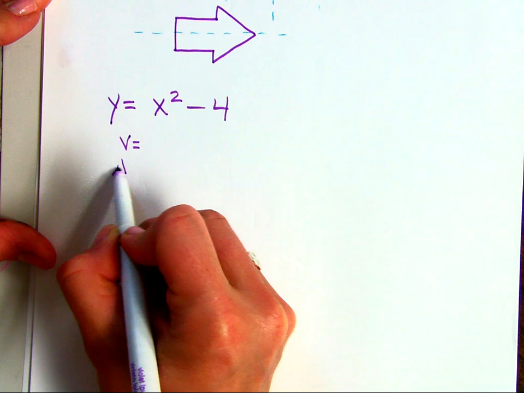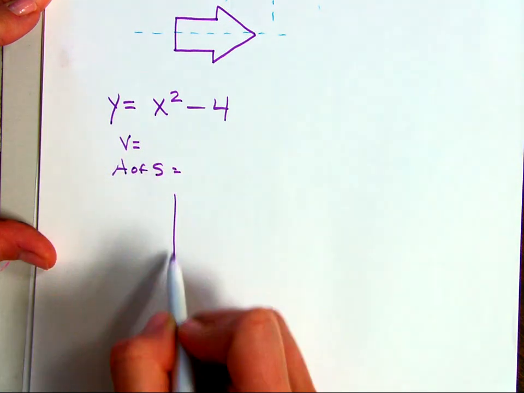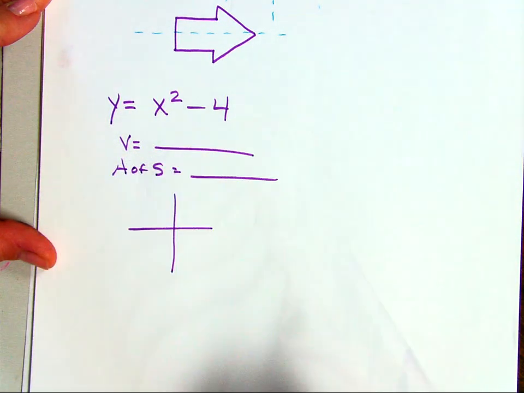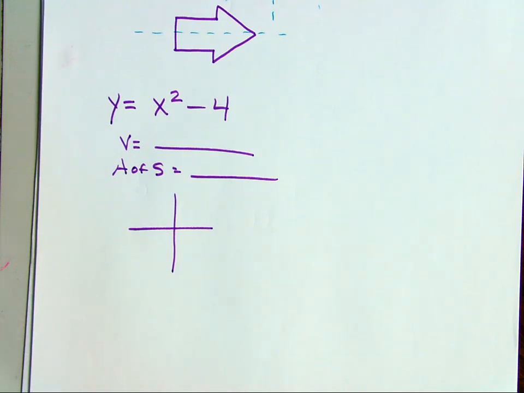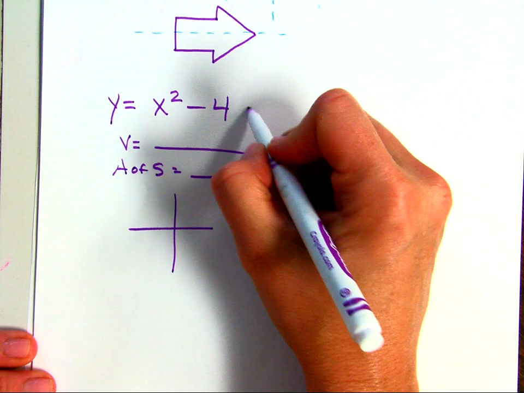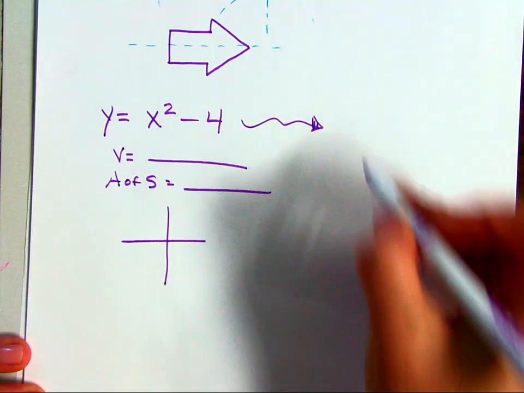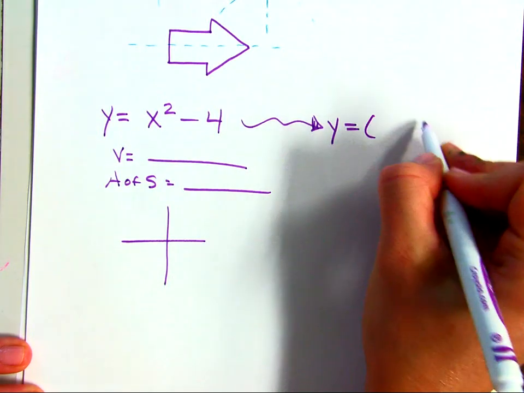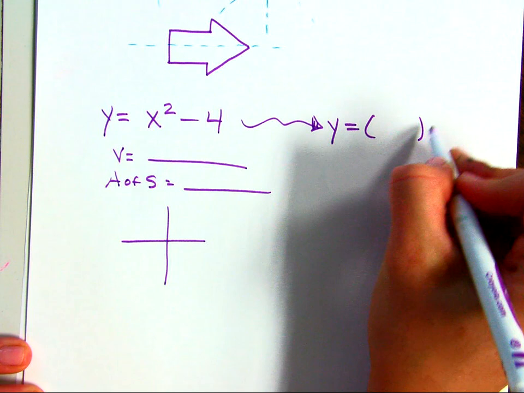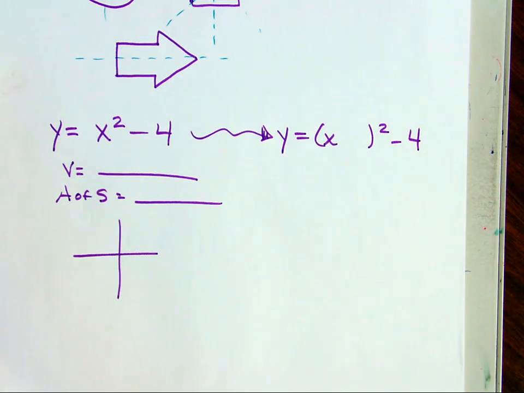On your paper, I want you to write y equals x squared minus 4. I want to know the vertex. I want to know the axis of symmetry. And then I want you to sketch it. Okay. Well, something's missing. What's missing? The parentheses, right?